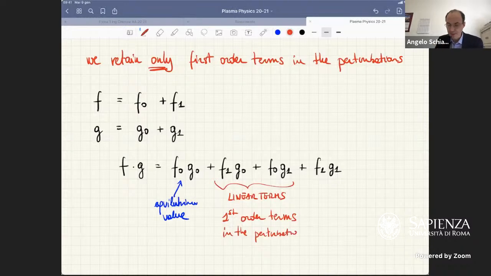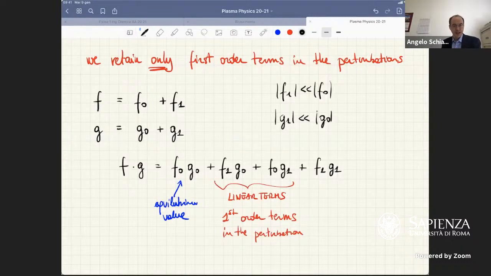What does perturbation mean? Let's remember that perturbation means that F1 is much less than F0, the equilibrium value, and the same is true for G1, which is a perturbation with respect to the equilibrium value G0. The equilibrium value might be large, it doesn't matter, but we see that this last term is of second order in the expansion.